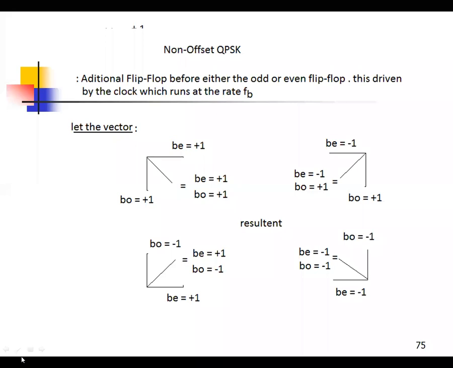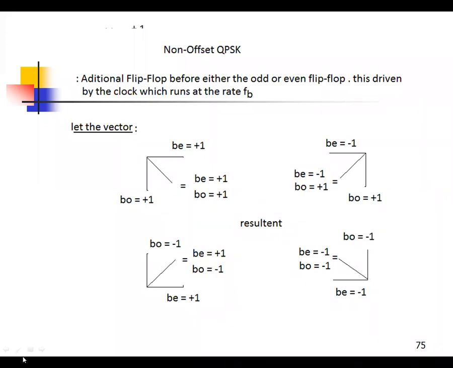The output is V(t), the QPSK output: B_e(t) root 2P_s cos omega naught t plus B_o(t) root 2P_s sin omega naught t. S_o and S_e are two independent BPSKs. After merging these two independent BPSKs, we produce QPSK, that is quadrature phase shift keying.